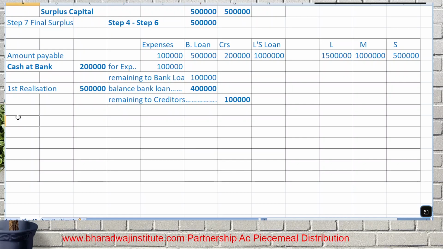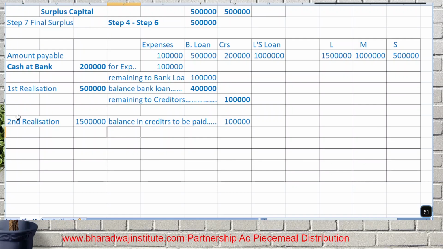Next, second realization: 15 lakhs. So the balance in creditors to be paid, how much? 1 lakh.